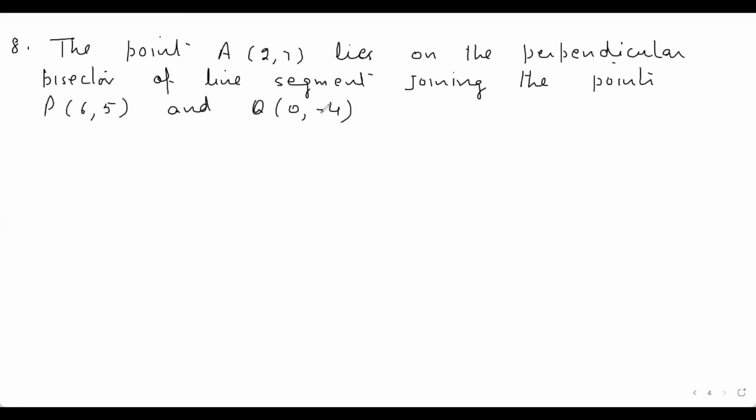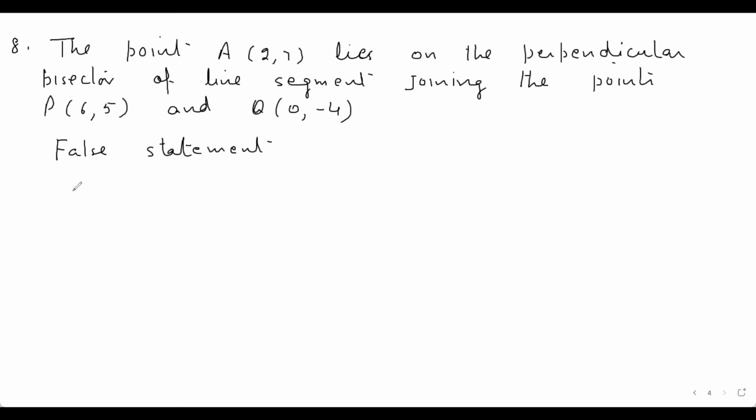Now the eighth question is: the point A(2, 7) lies on the perpendicular bisector of the line segment joining the points P(6, 5) and Q(0, -4). Now this is a false statement. Now the point A(2, 7) lies on the perpendicular bisector of the line segment joining the points P and Q if AP is equal to AQ.